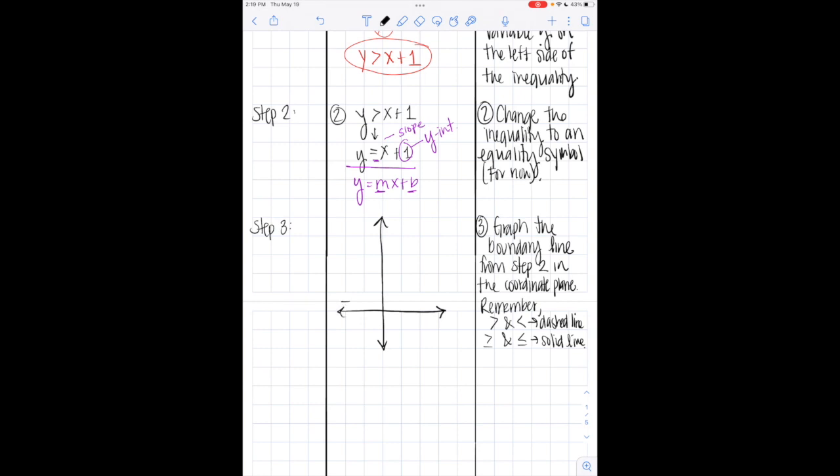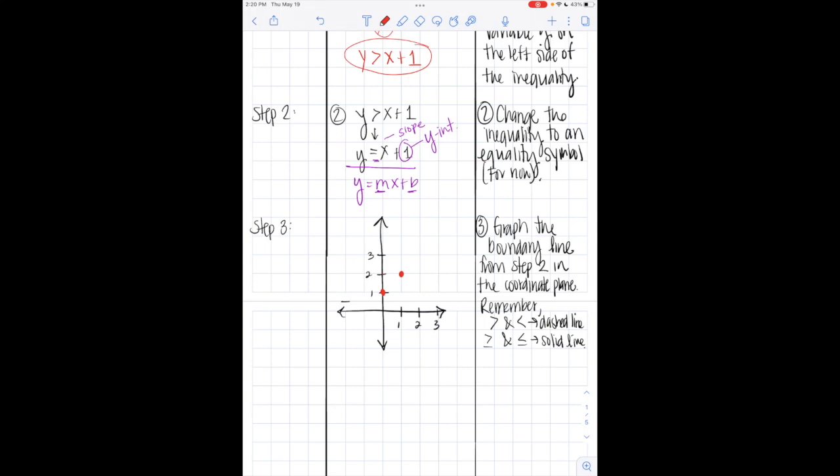This is going to be 1, 2, 3, 1, 2, 3, 1, 2, 3. I'm labeling it. Okay, so remember our y-intercept is at 1. Let me use a different color. And our slope is 1. That means we're gonna go 1 up and 1 to the right.